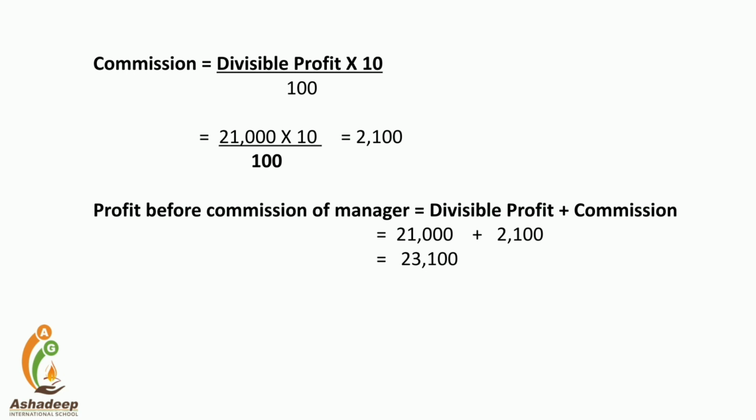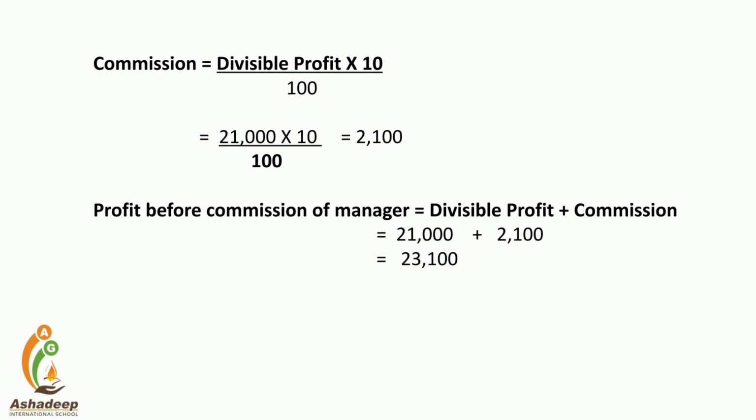Profit after commission of manager is equal to divisible profit. So if we have to find profit before commission of manager, we have to find net profit. What is the formula of net profit? Net profit is equal to divisible profit plus commission. So we have all the values, just put them in the formula and we get the answer, that is 23,100. As simple as that. Clear?